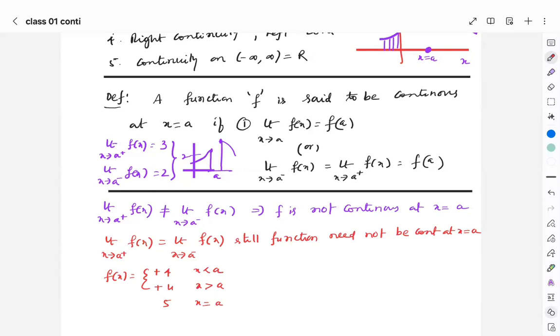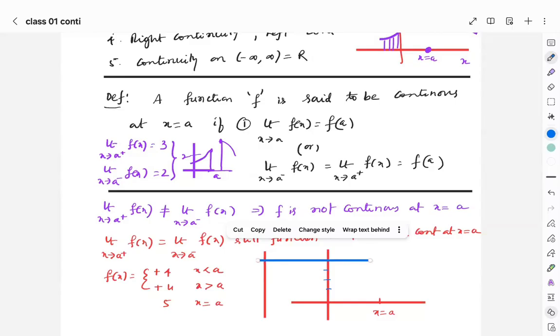If I take this, for x less than a, it will be 4, and for x more than a, it is again 4.